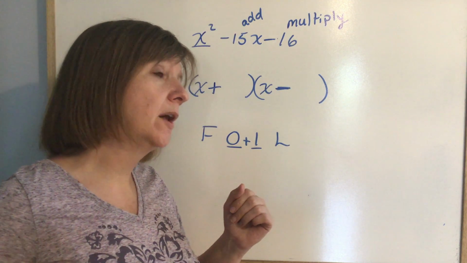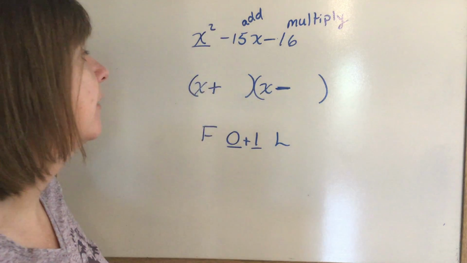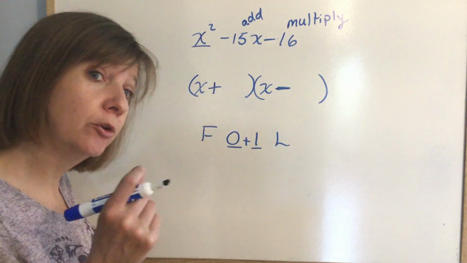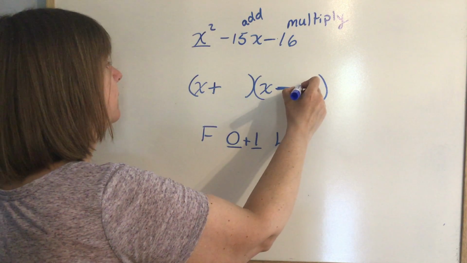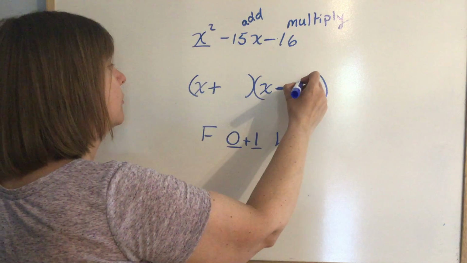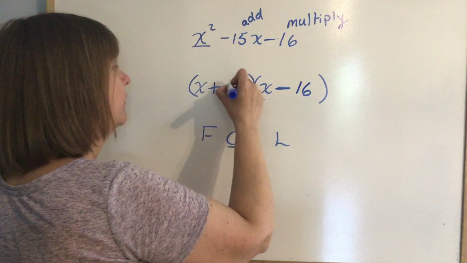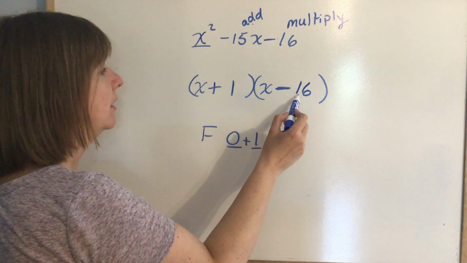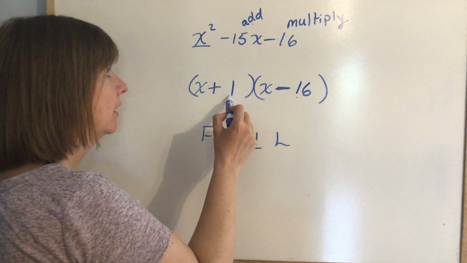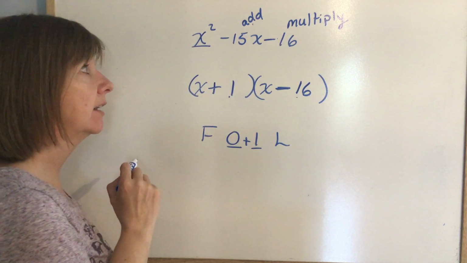And you say, but 1 plus 16 makes 17, not 15. But remember your signs. If I need a negative 15, sorry, if I make negative 16 and plus 1, remember they add to give me negative 16 plus 1 makes negative 15.